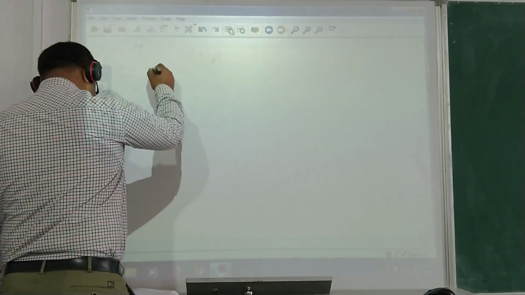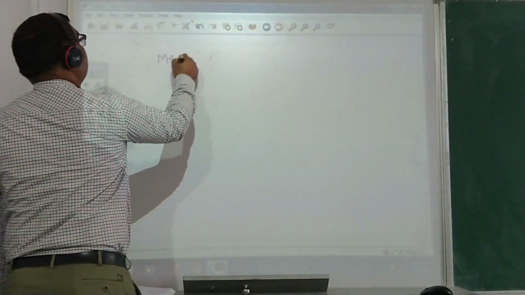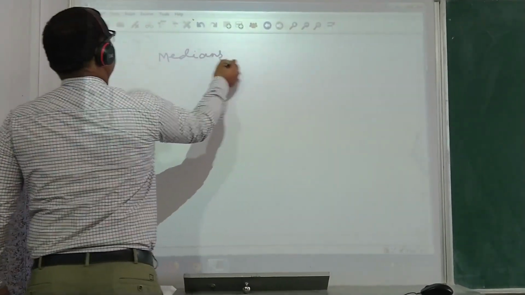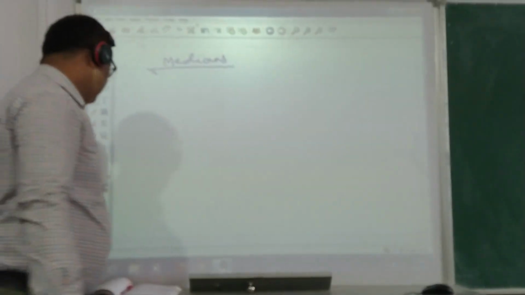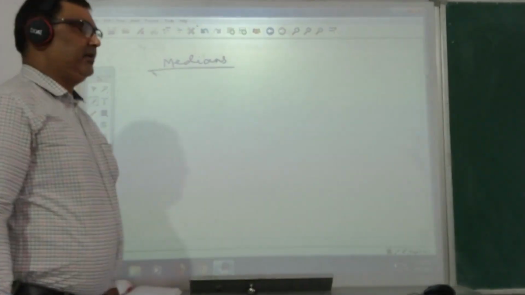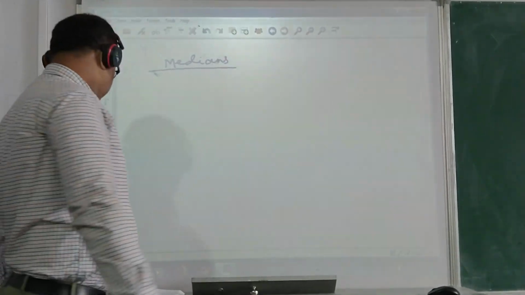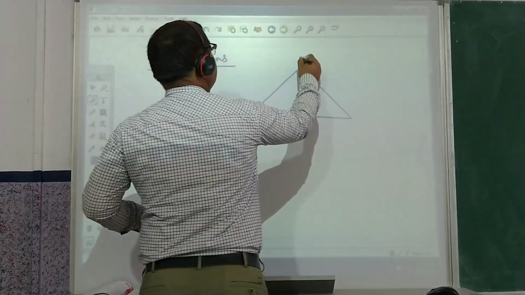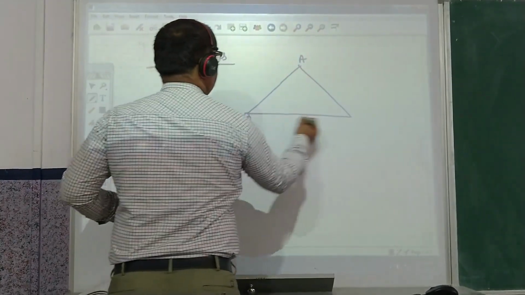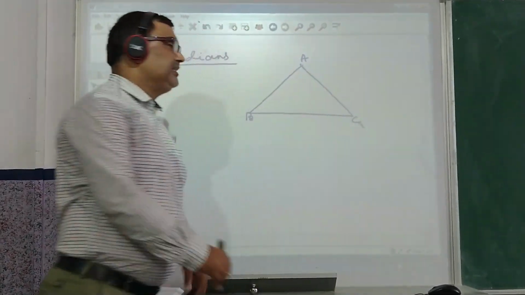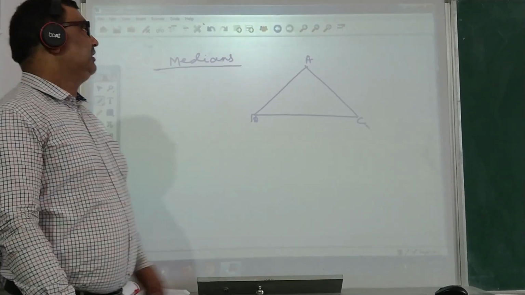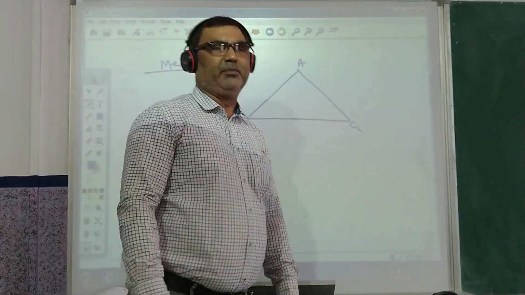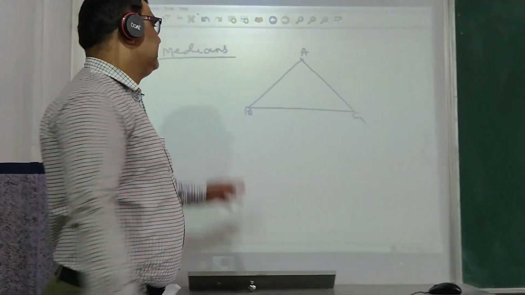Now, my dear, some terms are there. The terms are the medians. You know, the median of a triangle corresponding to any side is the line segment joining the opposite vertex to the midpoint of that side.